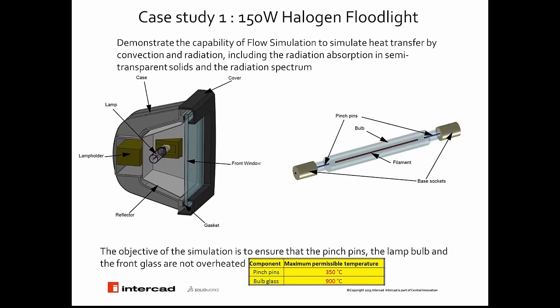The main criteria for such a decision: the pinch pins' maximum permissible temperature is 350 centigrade and the bulb glass is 900 centigrade. So what we do, we set up a study, we go through the advanced radiation parameters, and we will review the result at the end.